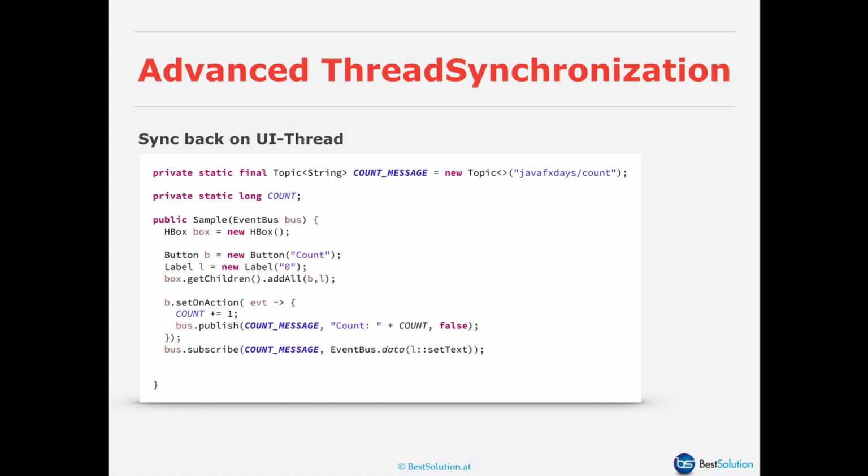So this method, setText, would be called on a non-UI thread. What we provide in ThreadSynchronize is a method that says, give me the consumer, I will wrap it for you, and I guarantee that this method setText is always called on the UI thread. And when we pass that along to our final event bus subscription, then we have achieved thread safety.